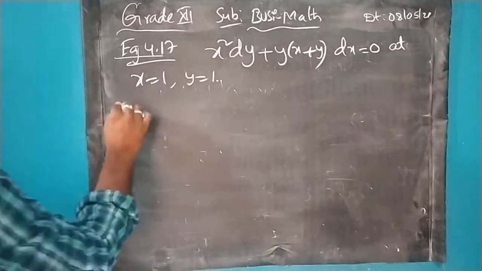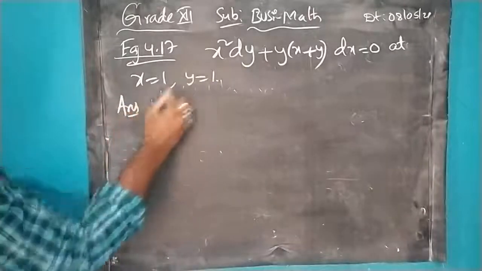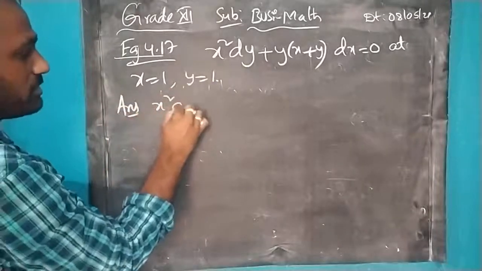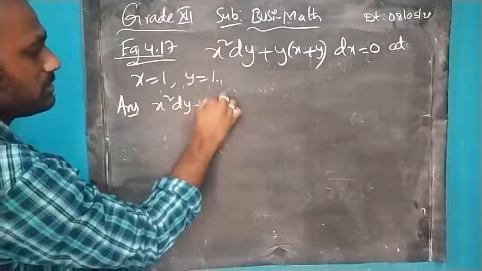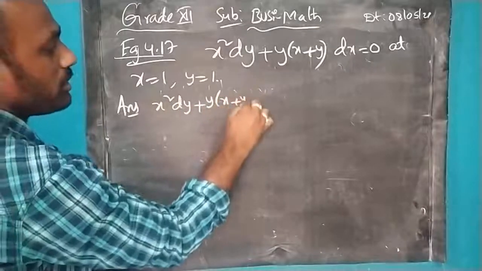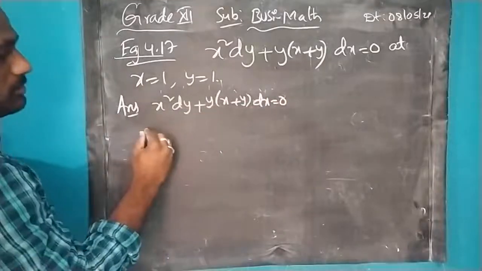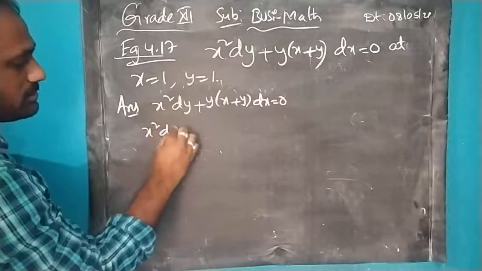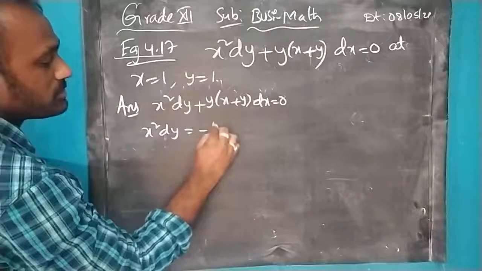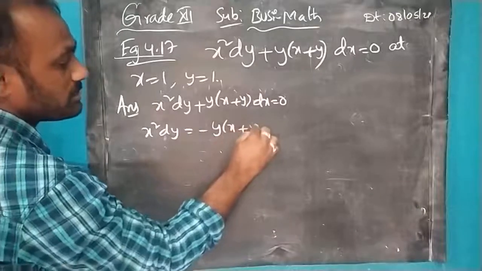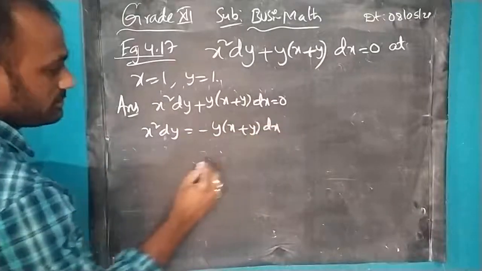Okay, let us start solving this. What is the given differential equation here? x square dy plus y into (x plus y) dx is equal to 0. So x square dy is equal to minus y into (x plus y) dx.